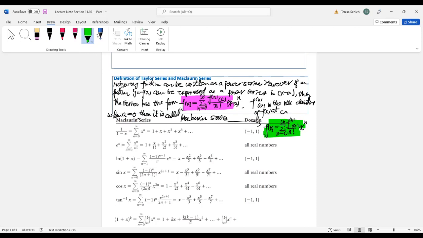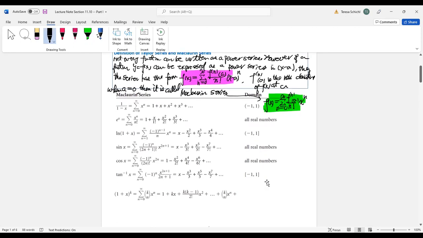As you can see, the table I provided has a few very basic Maclaurin series representing some very common functions like 1 over 1 minus x, e to the x, natural log of 1 plus x, sine, and cosine. The x here is all x to the nth powers; it doesn't have x minus a.